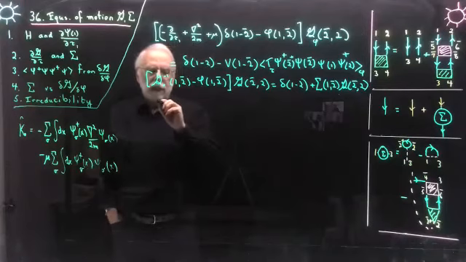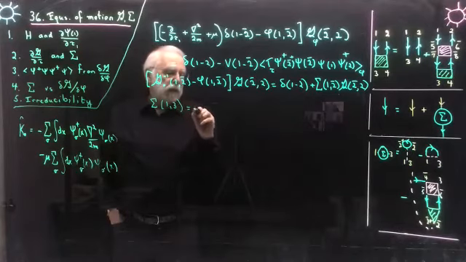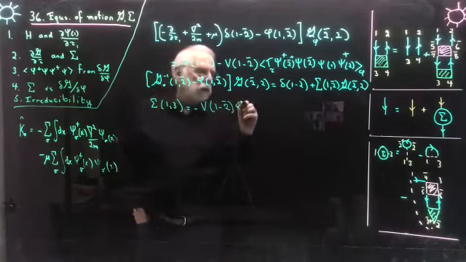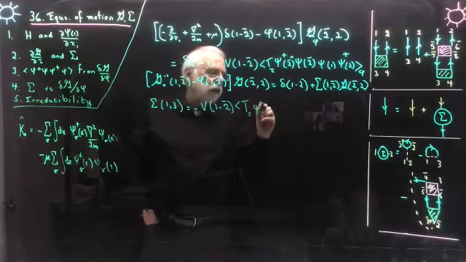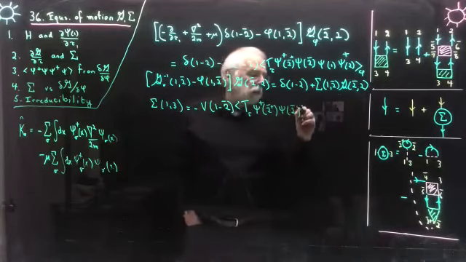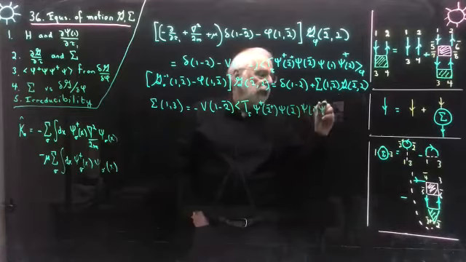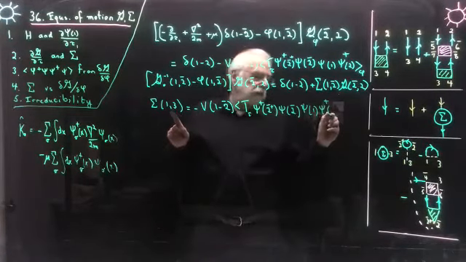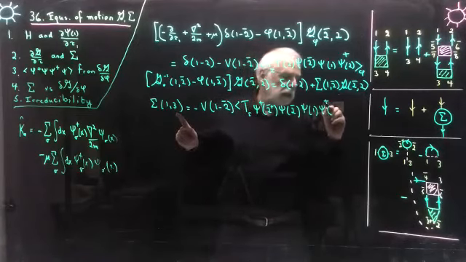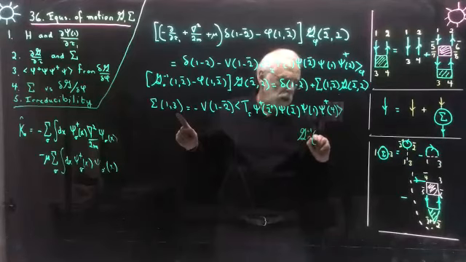So just to be clear, I have that sigma of 1, 3 is equal to minus V of 1 minus 2 bar times the time ordered product of psi dagger 2 bar plus psi of 2 bar psi 1 psi dagger now of, let's say 4, times G minus 1 of 4 bar 3.